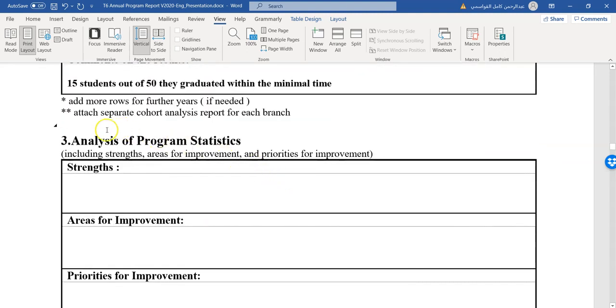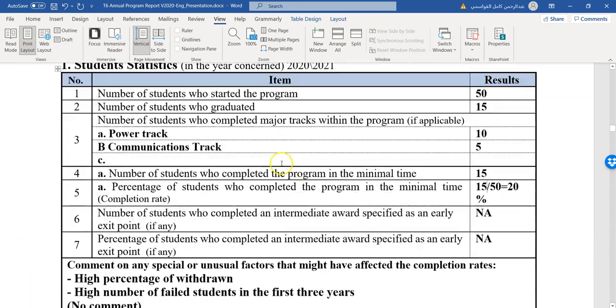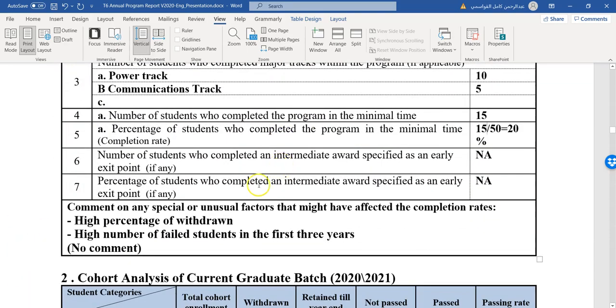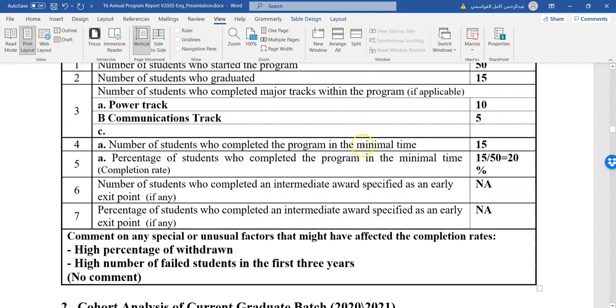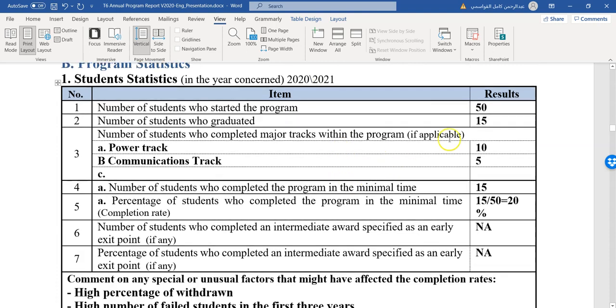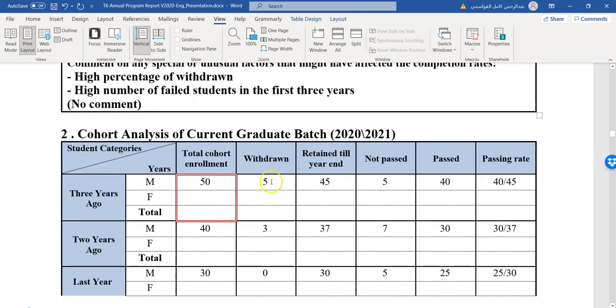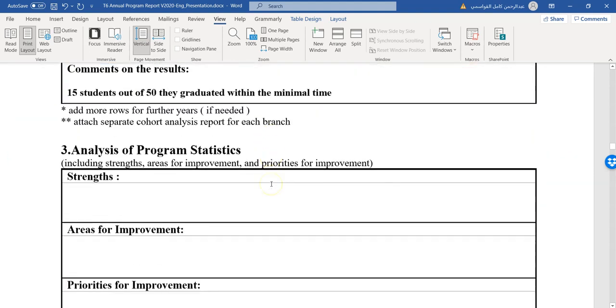Now let's go and write the analysis of program statistics. The analysis of program statistics related to this section and this section. You have to write comments regarding the completion rate, the number of students that enrolled, the number of graduate students, and so on. And about this section you can write the strength.